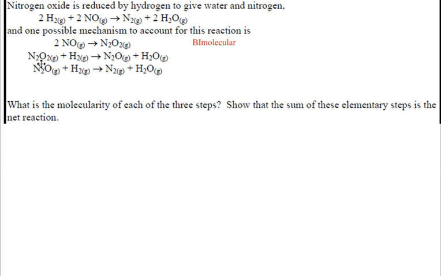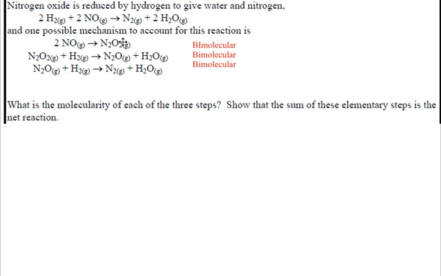Next, we have N2O2, dinitrogen dioxide, colliding with a hydrogen molecule to produce a new product. 2 things coming together, that again is bimolecular. And in the final step, dinitrogen monoxide collides with hydrogen. 2 things coming together, once again, bimolecular. So for all 3 of these elementary steps, we are bimolecular.